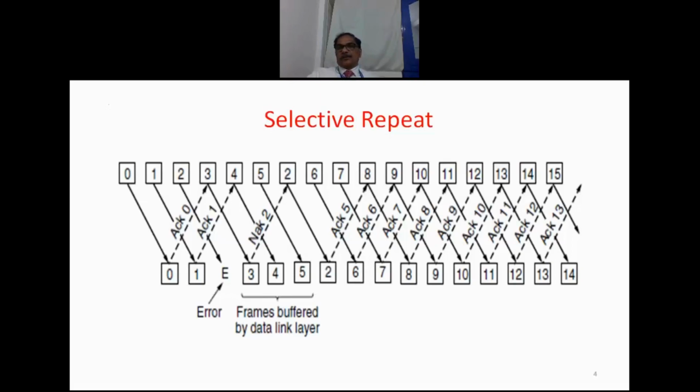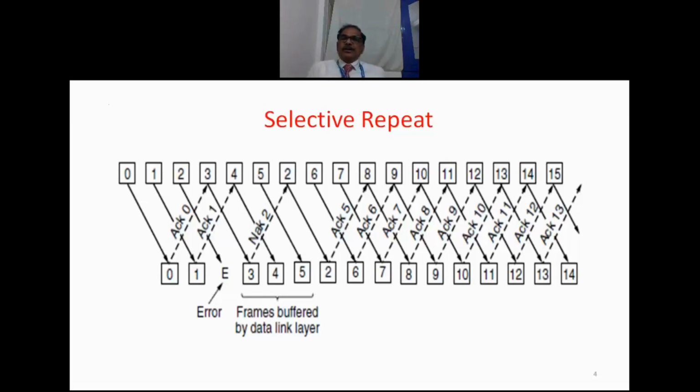Instead of rejecting, they will be accepted and stored in the buffer after processing, that means after verifying for errors. If no errors, data will be extracted and kept in the buffers. The moment the correct frame arrives, all together will be handed over to the network layer without any problem. This is the biggest advantage of the selective repeat protocol.